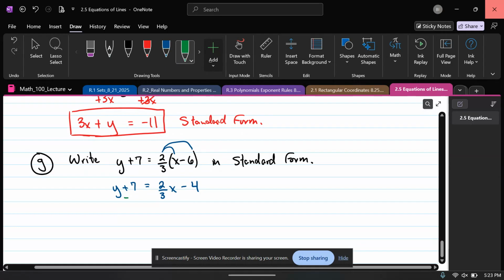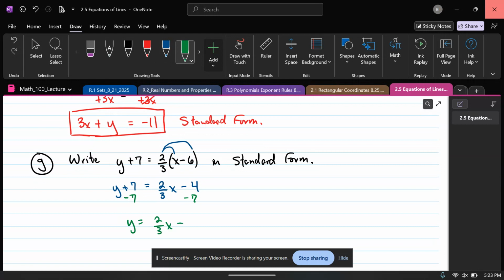So minus 7. And so that's going to give me y is equal to 2/3 x minus 11. That looks like slope-intercept form because it is. So we took something that was in point-slope form and we moved it into slope-intercept form. The next step is to move that into standard form.